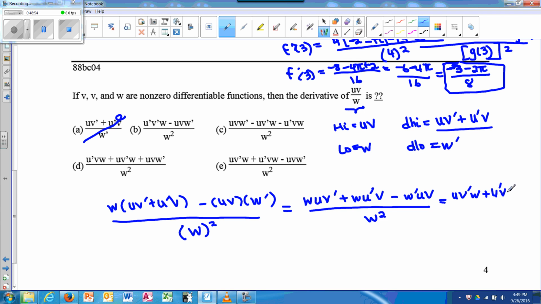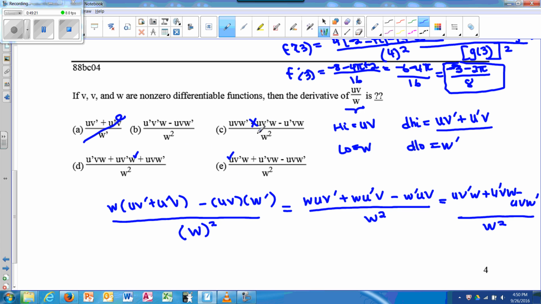Now most of these have the alphabet in order, but we're going to have to distribute first. So we have W, U, V prime plus W, U prime V minus W prime U V all over W squared. And then we can worry about alphabetical order.